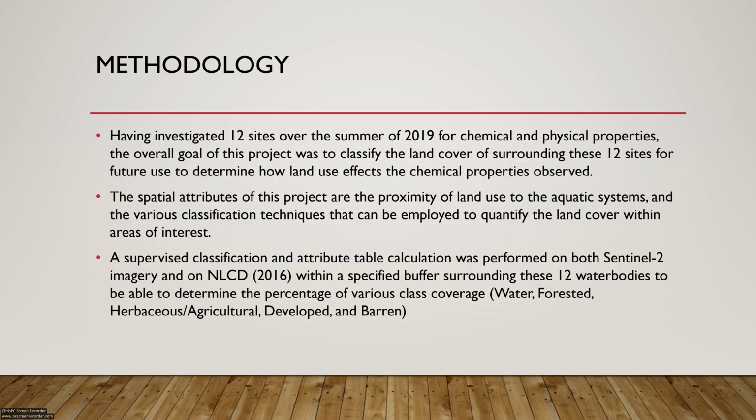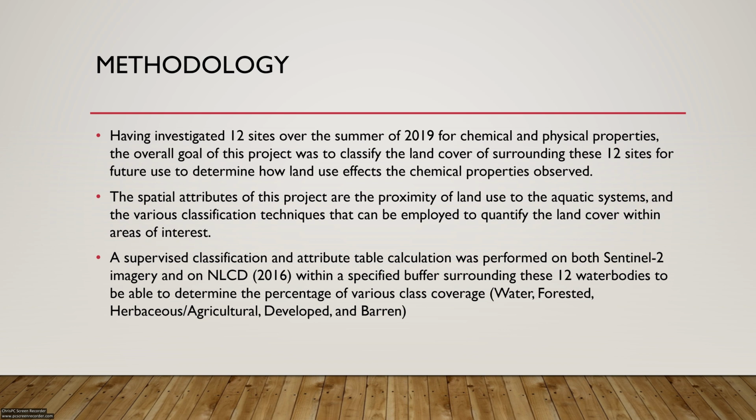So a little bit of the methodology here. Over this past summer, we investigated 12 different sites for both chemical and optical properties, and performed analyses in laboratory here on main campus, but wanted to kind of revert back to look at the land cover over the same period of time to see how some of the different classifications can drive the chemical properties in these systems.